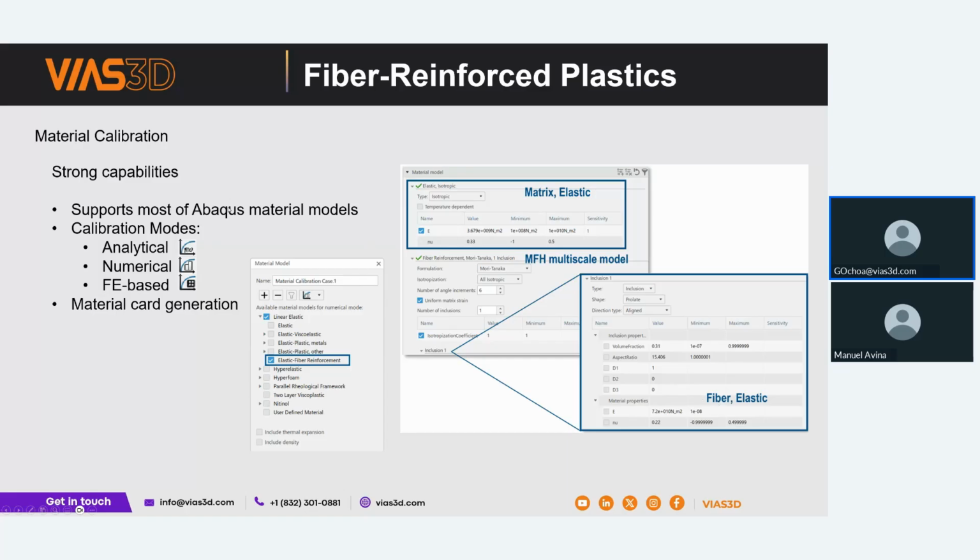And the application will go through an optimization process to find the right material coefficients to capture the experimental data behavior. And after the calibration, the application can automatically generate the material card that can be used directly for simulation.